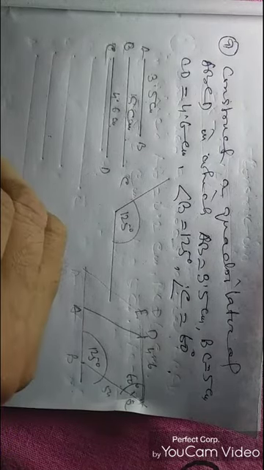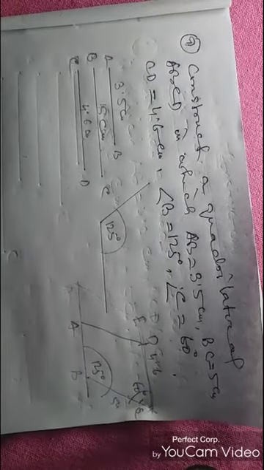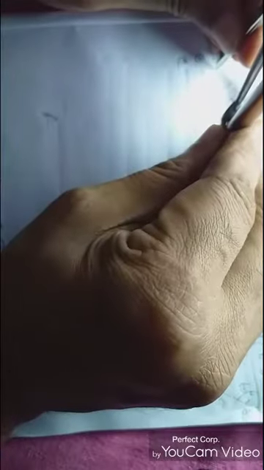Now to draw this one, take any line, I told you, take one line AP. From AP cut AB, that is 3.5 semi. Here take AB, thus making this point B.